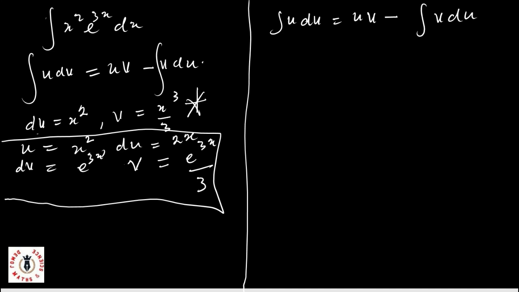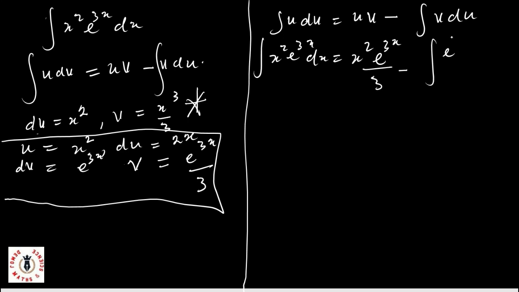Now I can begin to substitute for u and for v, so that the integral of x squared e raised to power 3x with respect to x will be the same thing as my u is x squared, my v is e raised to power 3x over 3, minus the integral of v, e raised to power 3x over 3, du is dot 2x.